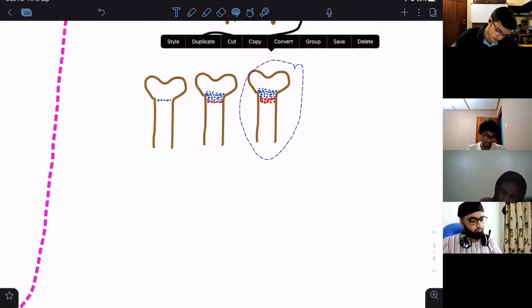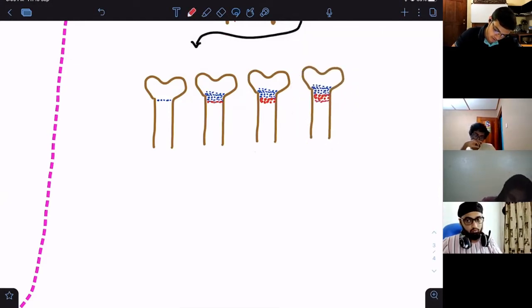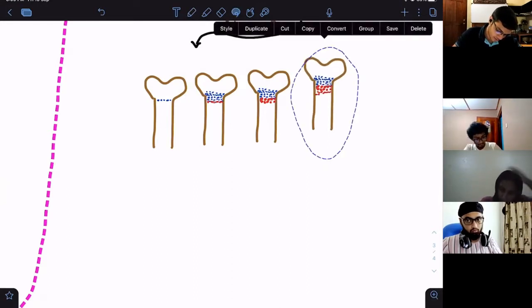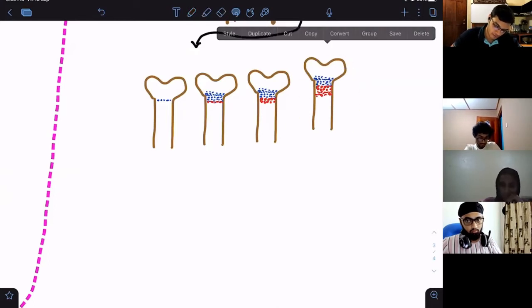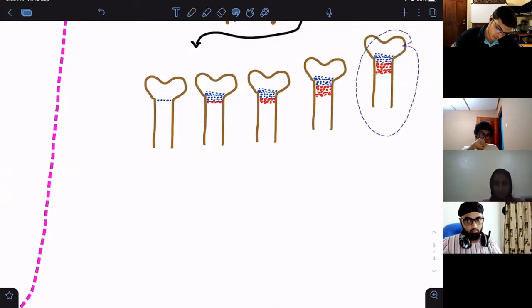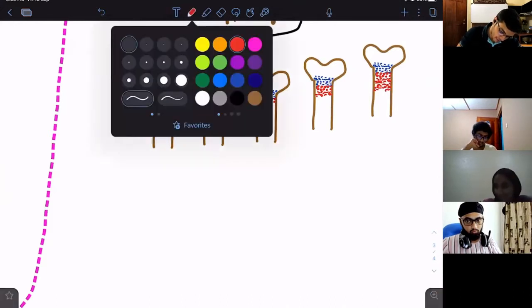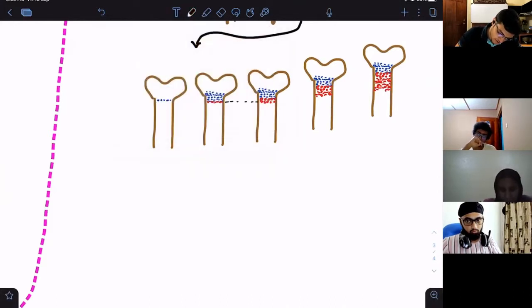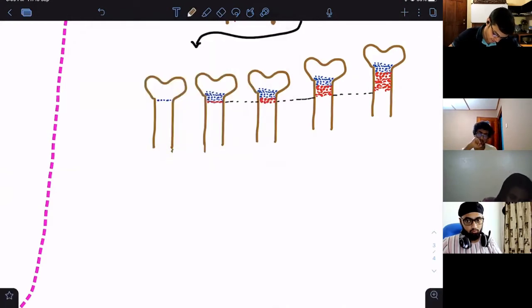It's going to appear something like this. When you are drawing, keep this old chondrocyte layer in one line, and then you can draw the bone at the same length.